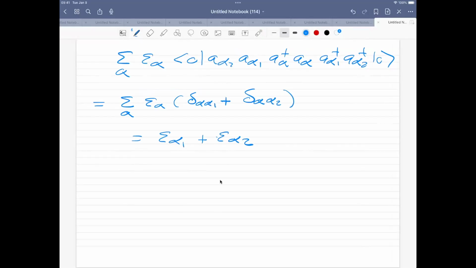And then we ended up with the sum of single particle energies. If this is not an orthonormal basis, then obviously we have to calculate that integral, and then we would have to perform the sum over alpha and beta. But it's not that much more complicated than what we did here. So here we could just reuse everything which we did with the number operator.